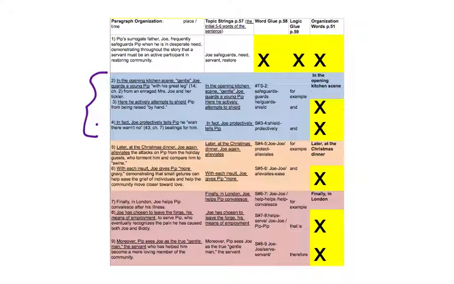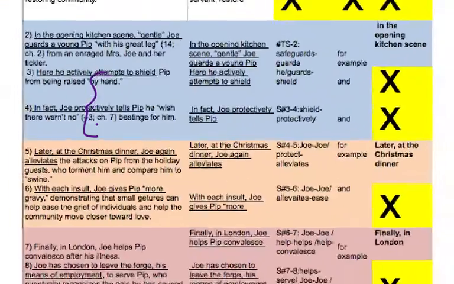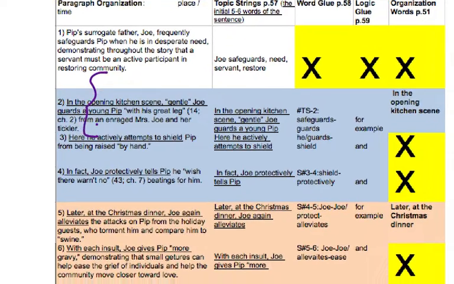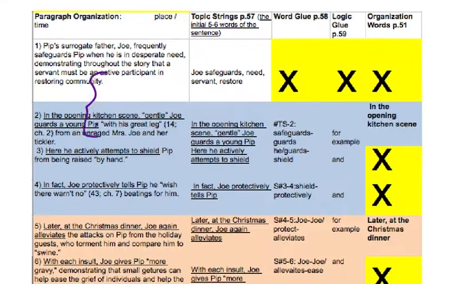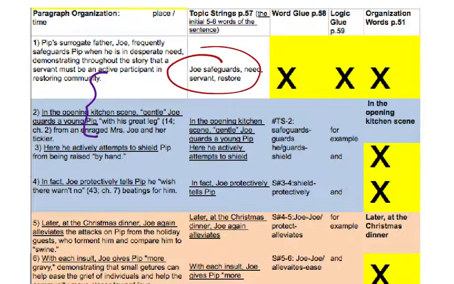Obviously, all of these sentences have to do with the same associative idea, but in this case, we have a single idea, and that is this concept of Joe as a surrogate father, and these are the key concepts we're going to be focusing on. And we see these concepts not separately but in 3 different places.